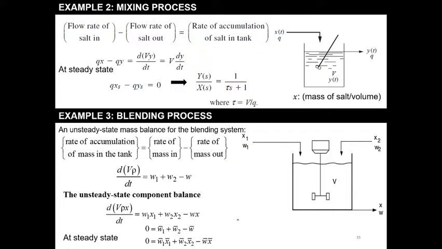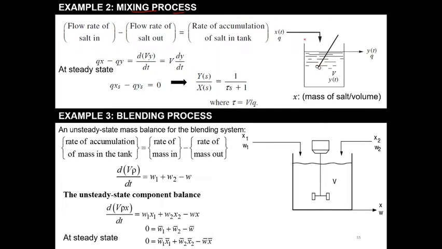Now we are coming to the next part, the mixing process. How is the mixing process going to be modeled? Let's say Q is the flow rate of the input flow, and Xt is the concentration. There is some water or liquor already present inside this tank.